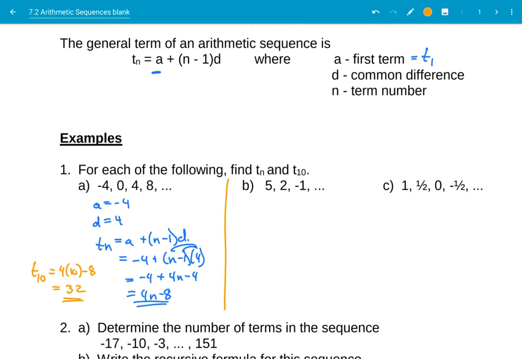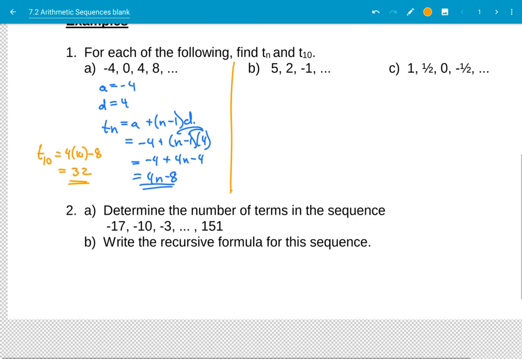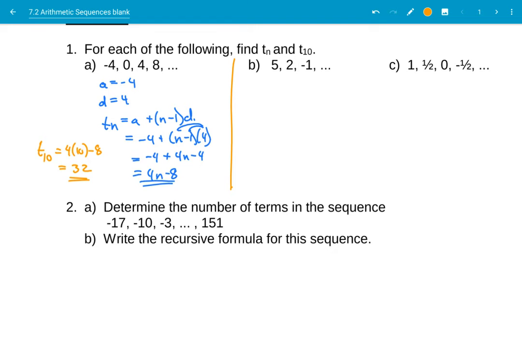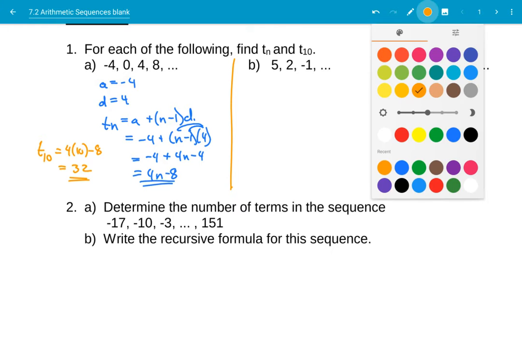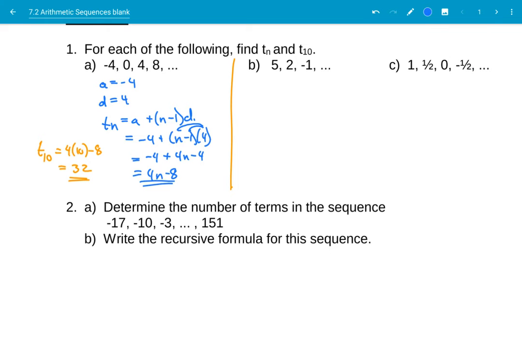Try the next two, and then check using the solutions online. So pause the video, try B and C, and then check to see if you match up. 2A, determine the number of terms in the sequence. So for A, we have the initial term, A or T sub 1, is -17.